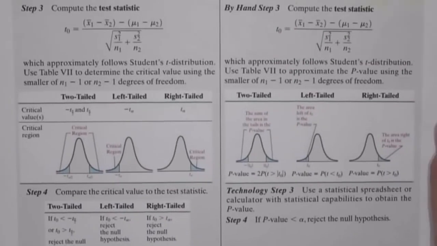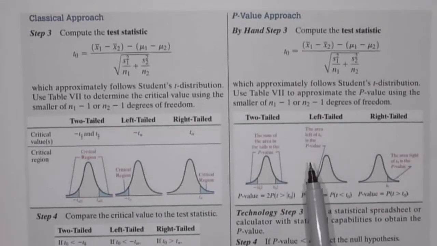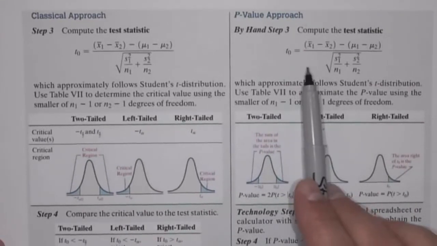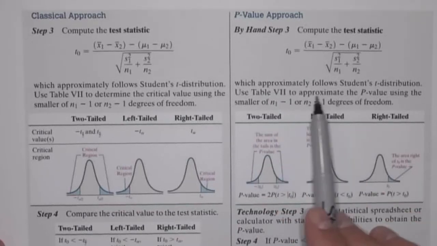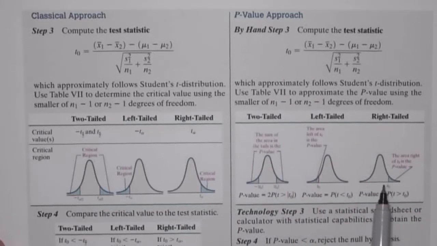Now, if we do the p-value approach, we're going to calculate the test statistic, and then we're going to use that to figure out our p-value. So if we're doing a left-tailed test, the p-value will be the area to the left of the test statistic. If we're doing a right-tailed test, the p-value will be the area to the right of the test statistic.